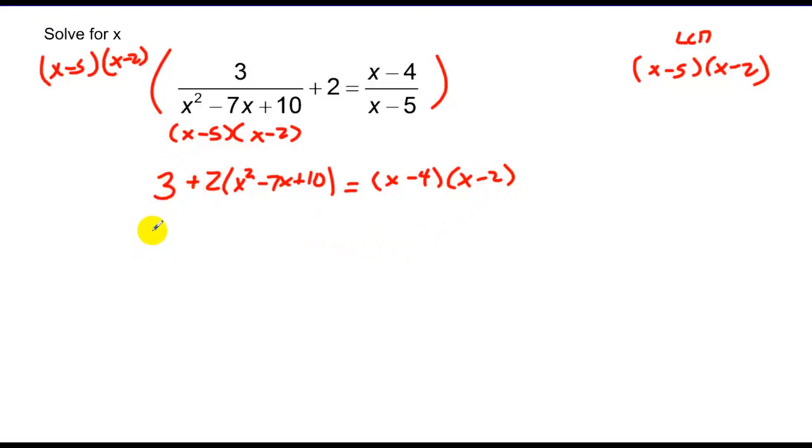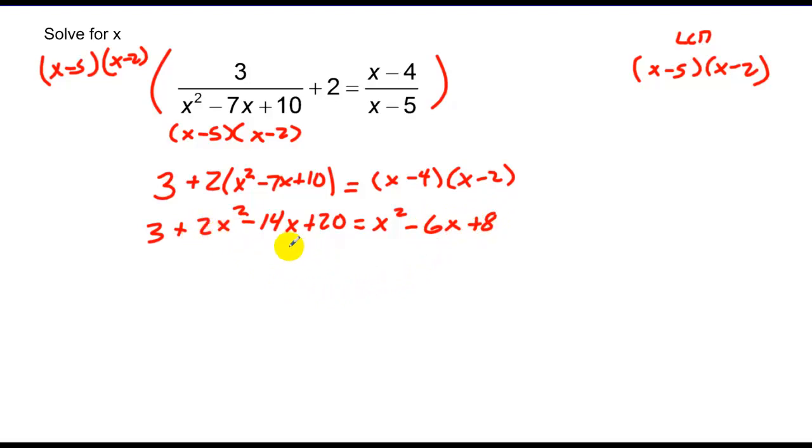So now I FOIL and distribute. That's 2x squared minus 14x plus 20. This is x squared minus, that's 2 and 4, which is 6x plus 8.